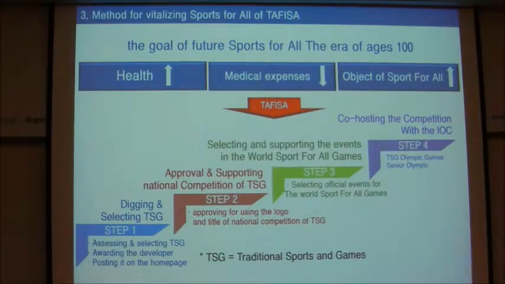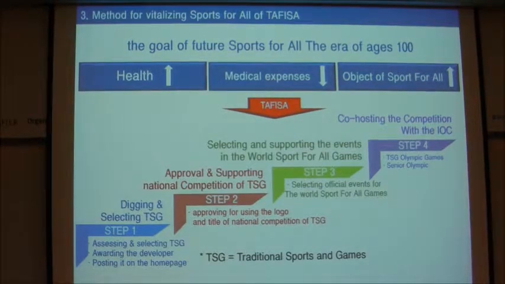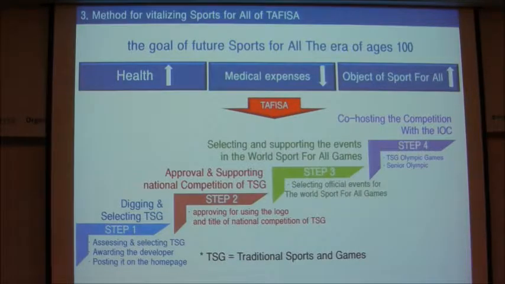First, digging and selecting TSG. TSG means Traditional Sports and Games certified by TAFISA. Various countries' sports for all should be assessed and selected as TSG. This is the assessment table of TSG.